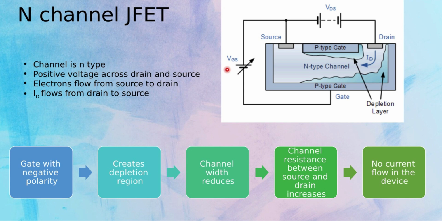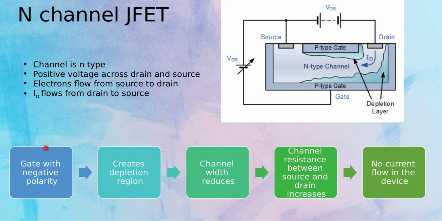Now when we apply a positive voltage across the drain and the source, the electrons flow from source to drain. That means the output current, which is called the drain current, is produced from drain to source. So, when I apply a positive gate voltage, you have a current flow. Now, what happens when I apply a negative voltage?